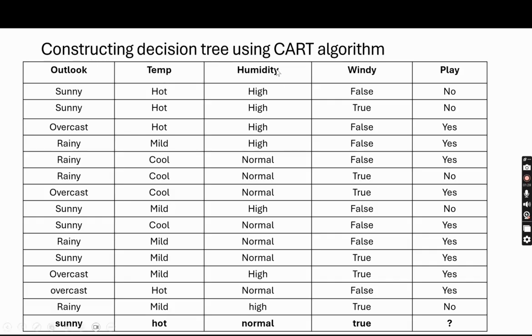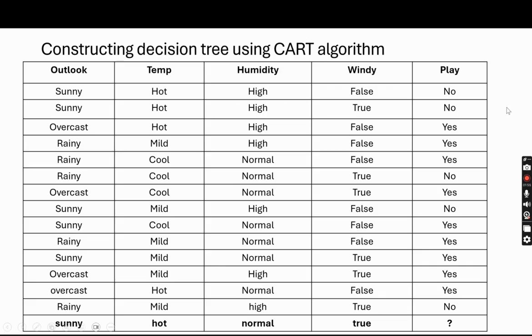These attributes represent the columns, and this is your target column. This data set represents whether a person can play or not under the given parameters. Yes represents the person can play, and no represents the person cannot play for the given parameters.